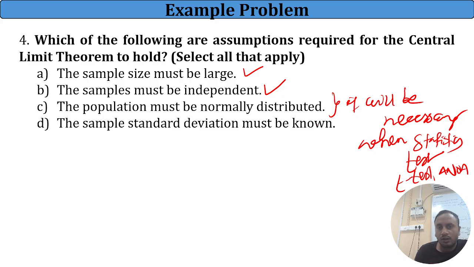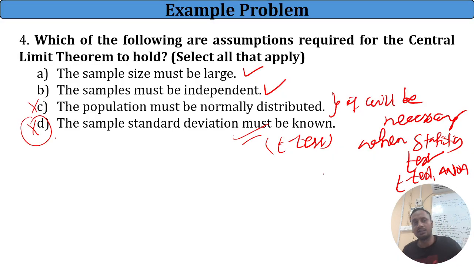So for this one, that can't be the answer. That the sample standard deviation must be known? No, we can calculate it actually. But for the case of the t test and all, that should be known. That is another case. For the CLT, the first option and second option are the correct options.